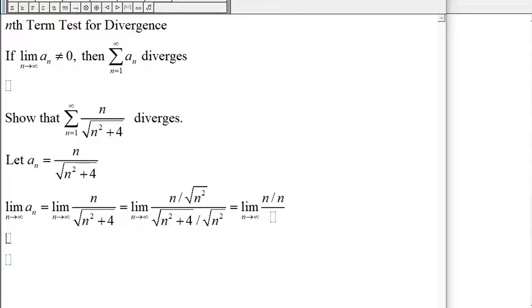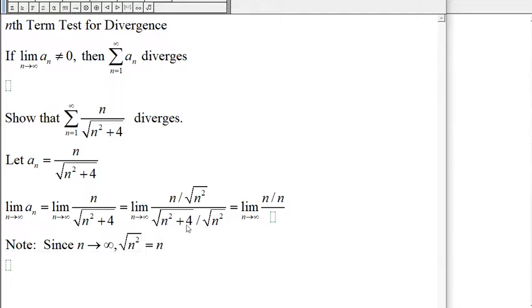So note, if n were to approach negative infinity, then the square root of n squared would be negative n.